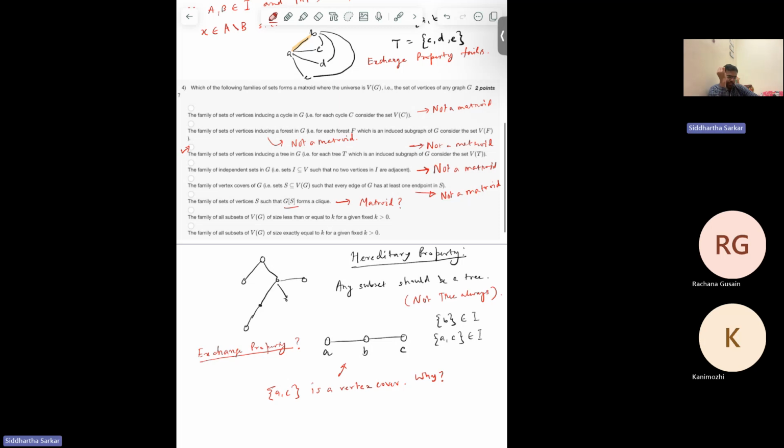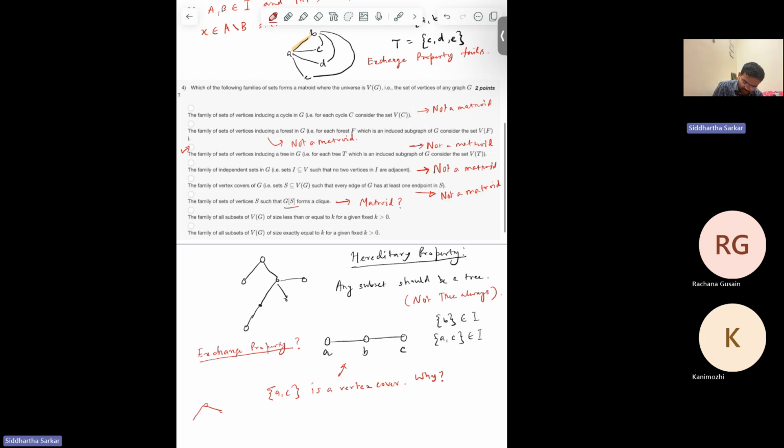So is the subset of a clique also a clique? Consider a clique and take a subset of the vertices forming the clique. Is the graph induced by this subset also a clique? That seems to be true.